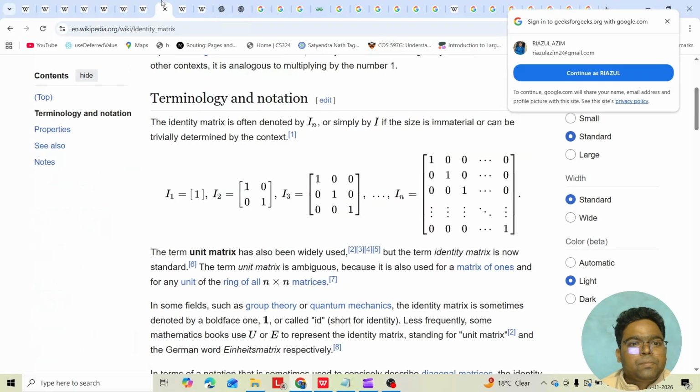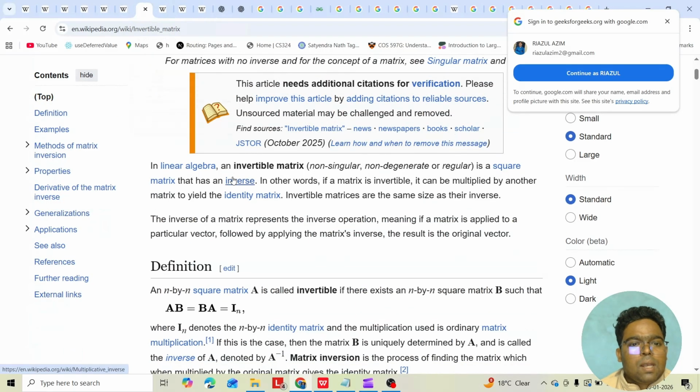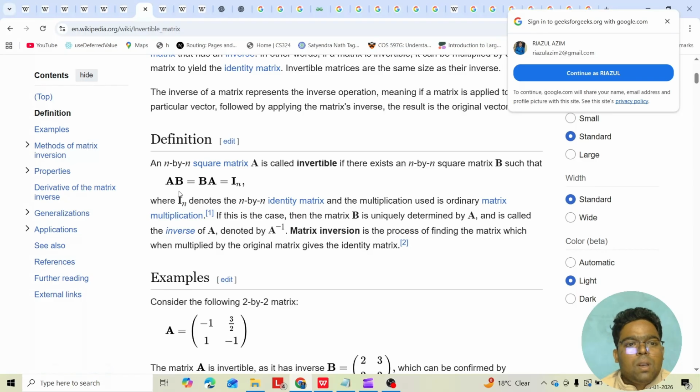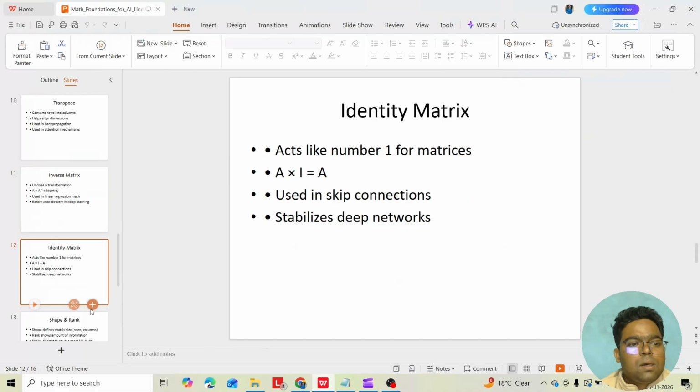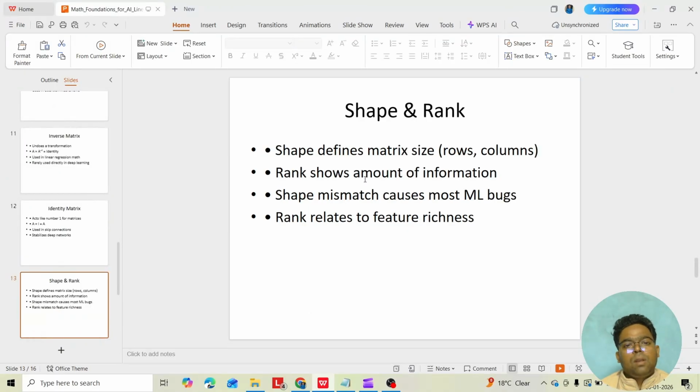Here I can have this A, and you can see this B, 2 3 2 2, is my invertible matrix, the inverse of it. And next, let's see shape and rank. That is very important. Shape is nothing but the matrix size, that is row comma column, like 2 cross 3 or something different, that is 2 rows and 3 columns.